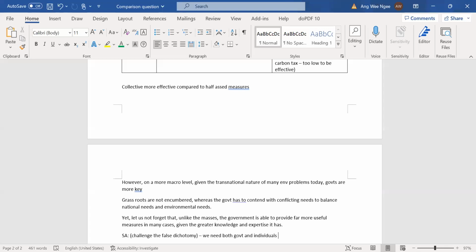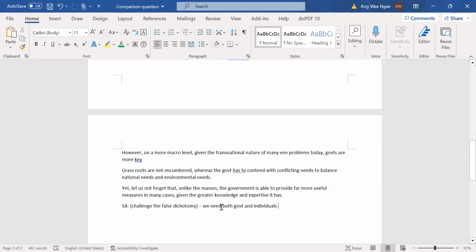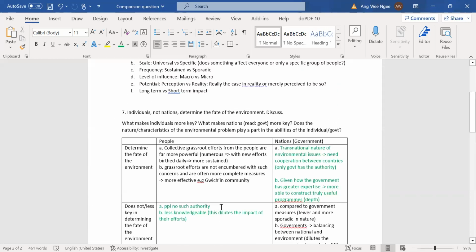You can think about that in the context of the textile industries, or in terms of food waste. So we need both governments and individuals to work together, so that we can reduce the amount of raw materials that we draw from the environment, and therefore protect it. So that is one way of completing your essay for such a question.